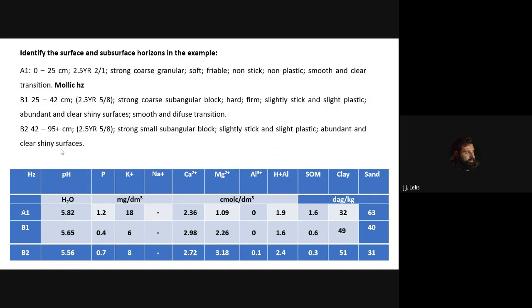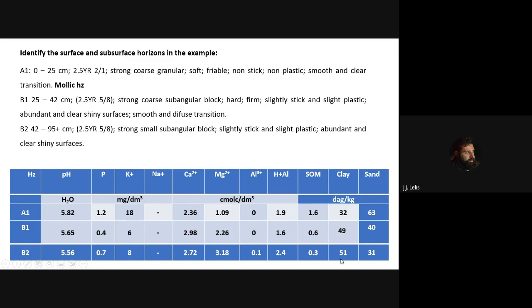And the argic horizon could possess this kind of clay increase. It should possess an increase of clay content in the subsurface. Okay, so let's see. The clay content of the A horizon is only 32%, and the B1 horizon possesses 49, and the B2 horizon possesses 51% of clay. So it's a substantial increase of clay content.